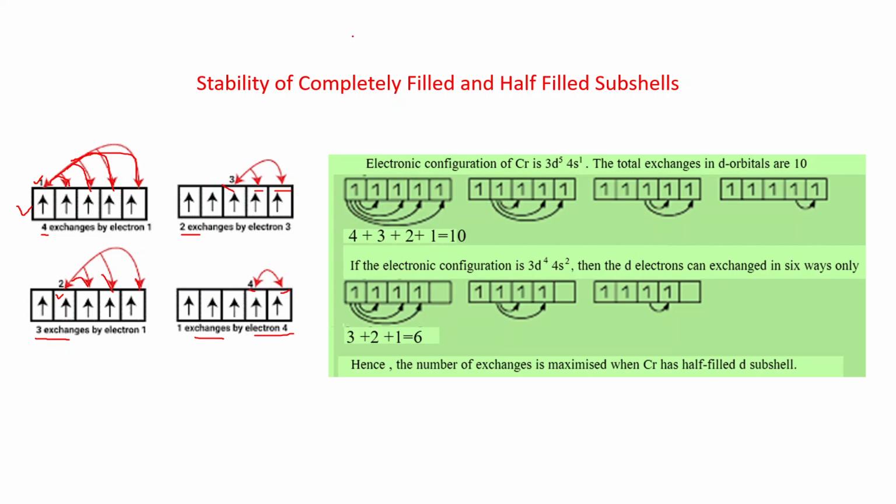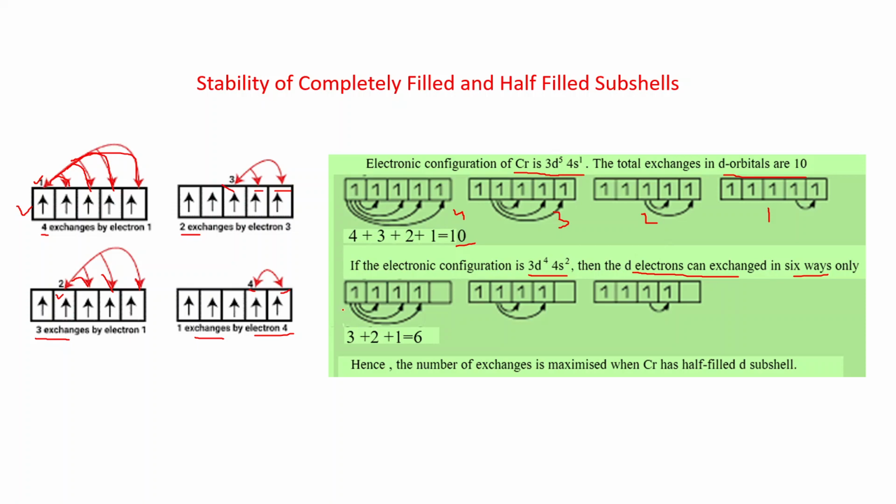Now if we count these exchanges in the case of chromium, which has 3d5 4s1, the total exchanges in d orbitals are 10: 4, 3, 2, and 1. If we assume its electronic configuration is 3d4 4s2, then the d electrons can exchange in 6 ways only.